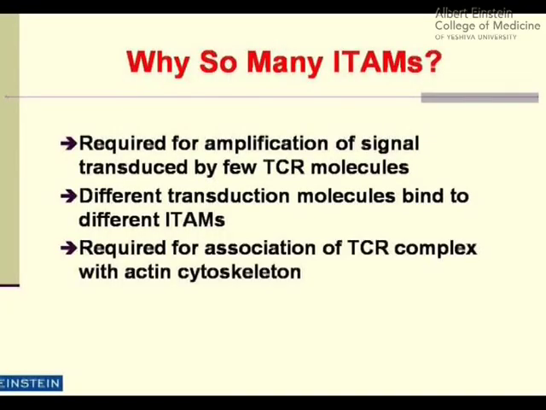And one first answer is, well, it's great for amplification, because one ITAM may only recruit one group of proteins, but by having 10 ITAMs, you probably recruit 10 times as many proteins. More proteins, more phosphorylation, more rapid signal transduction. Different transduction molecules bind to different ITAMs. So again, you could have a greater mix of potential signal transduction molecules there.